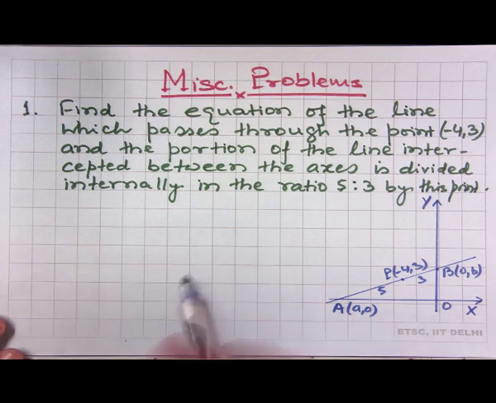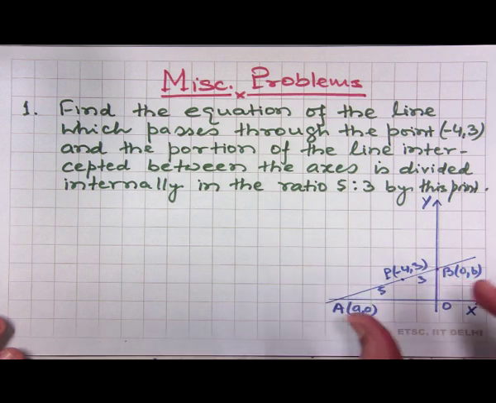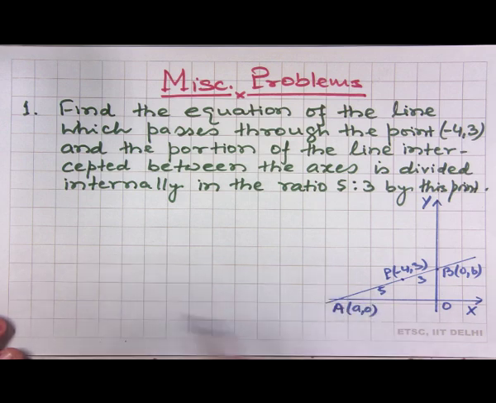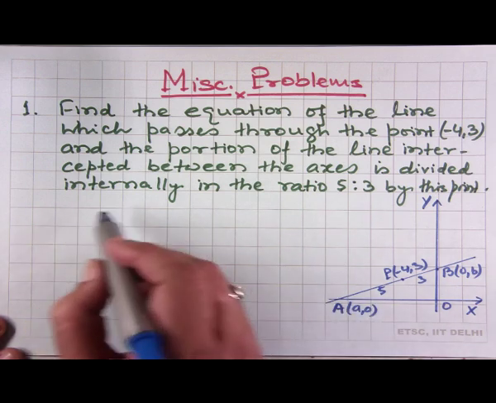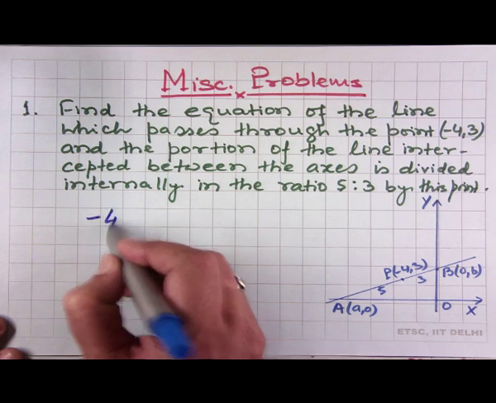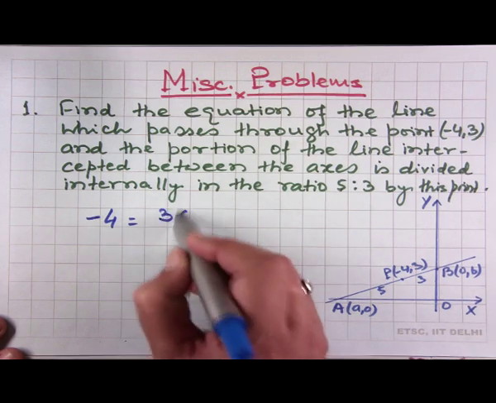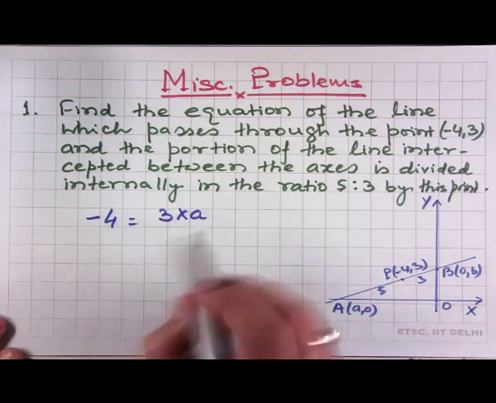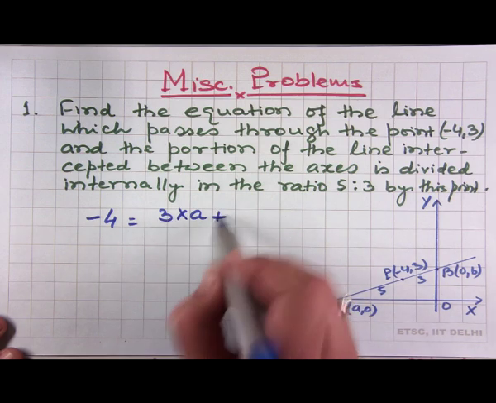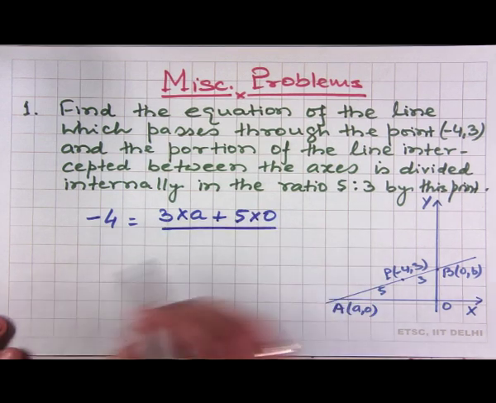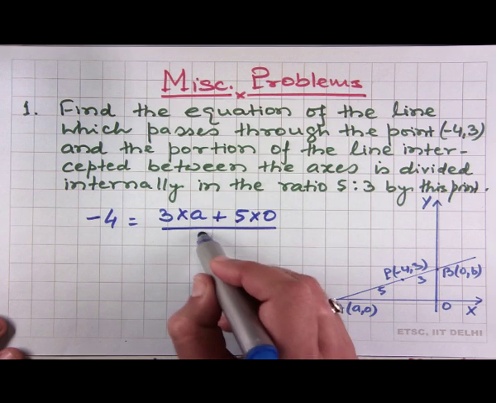We know that if this point P divides AB internally, then -4 equals (3 into A plus 5 into 0) by (5 plus 3).